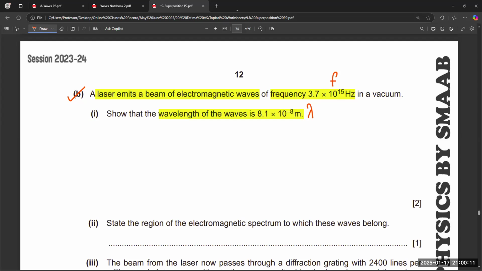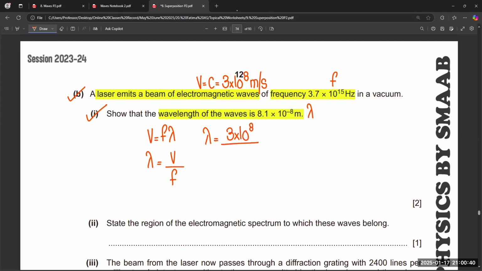They are using electromagnetic waves, so we can use the speed of light, and a very simple formula: v equals f lambda, because we already studied in IGCSE that all electromagnetic waves travel with the speed of light.